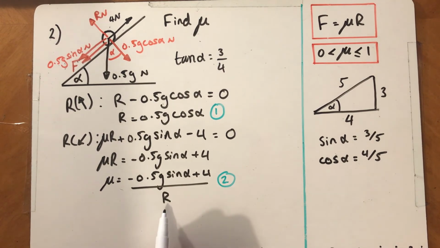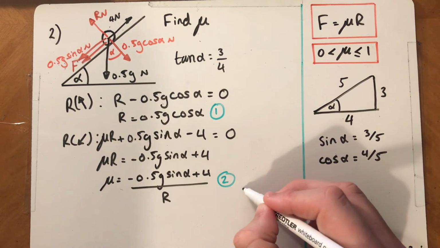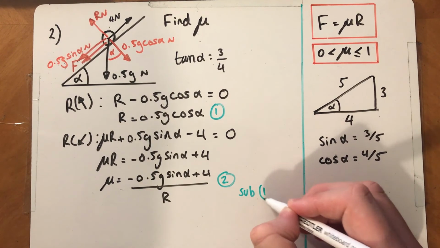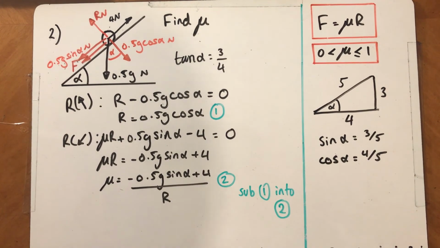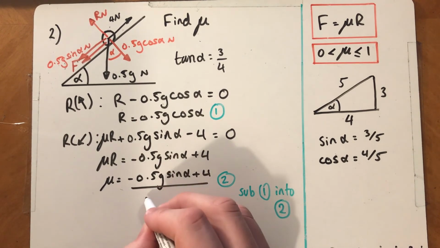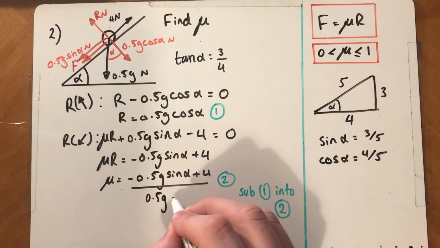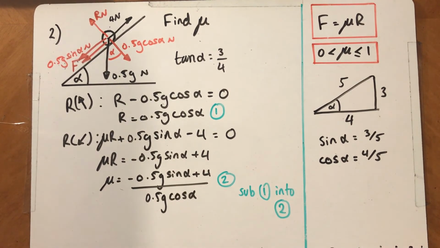Okay, so I know the value of R from equation 1, so what I can do is substitute equation 1 into equation 2. Okay, so I know I'm going to substitute the value of R in, that's 0.5 g cos alpha. Okay, so now I can calculate mu.